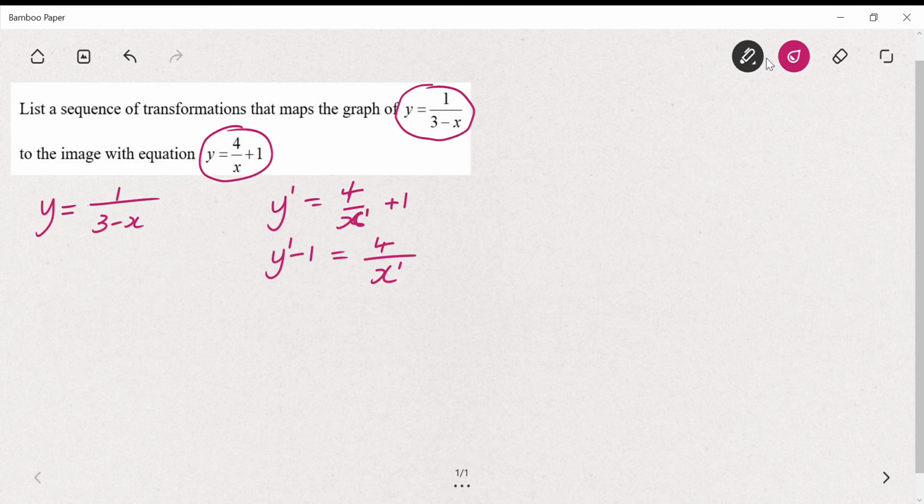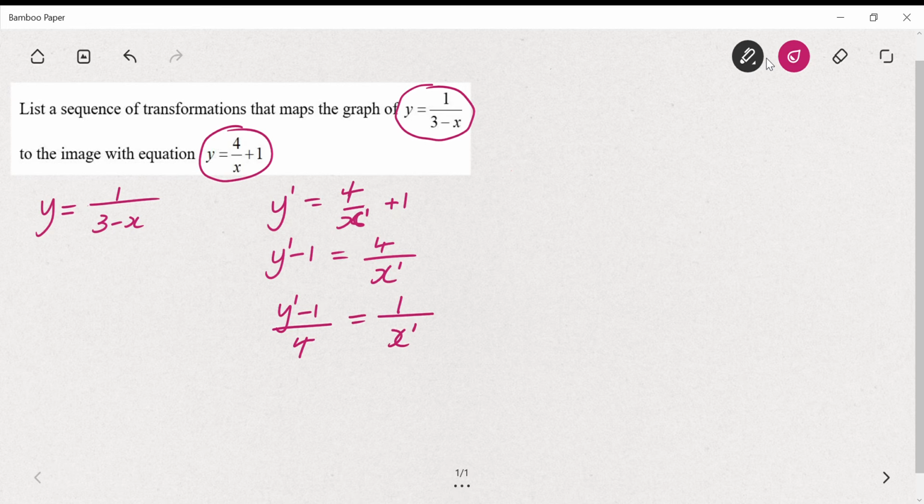Now, I probably could work from there, but it would be even easier since this original function has a 1 on the top. It's a 1 on some type of x, which can be transformed. I'm going to divide by 4 to make it have just 1 on x prime.